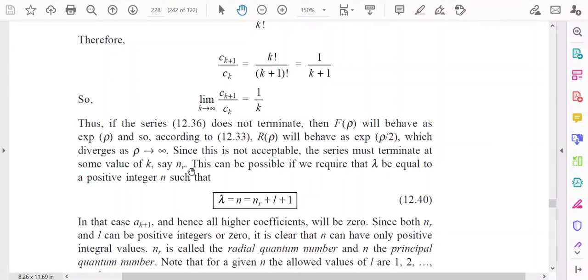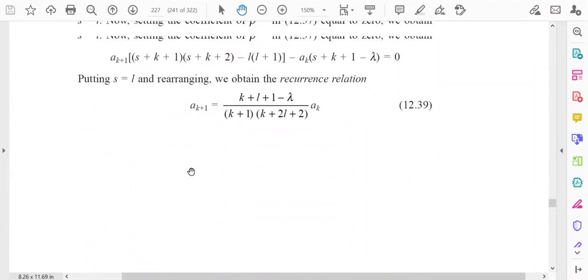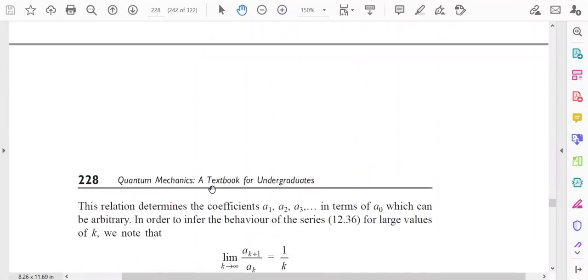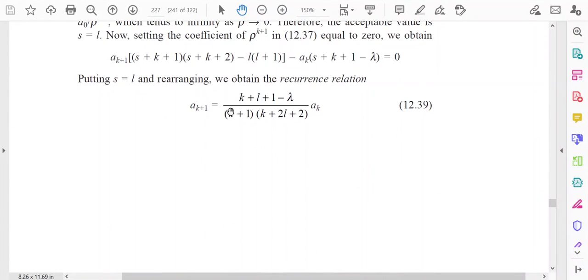So how to terminate the series? We can terminate the series by observing the recurrence relation. You see that Ak plus 1 by Ak is equal to this expression. Suppose for some value of k, equal to nr, the right hand side is 0.